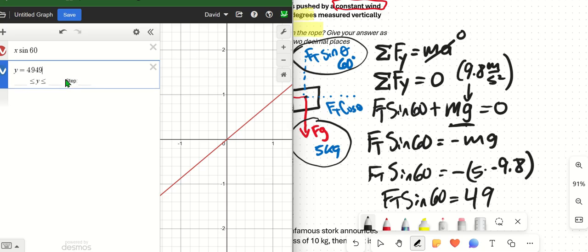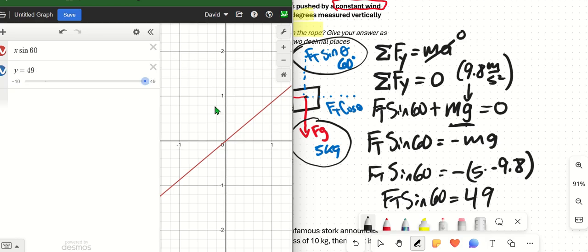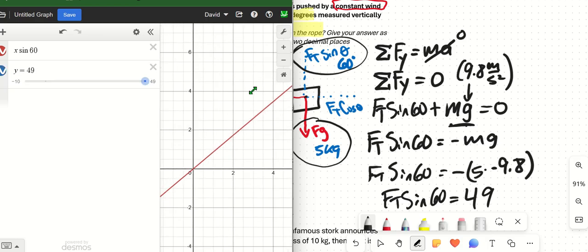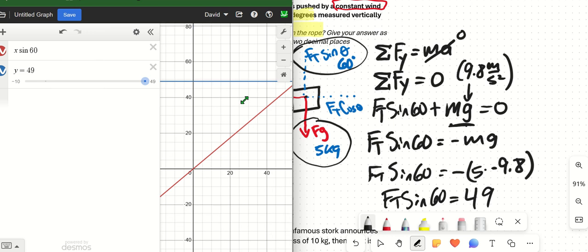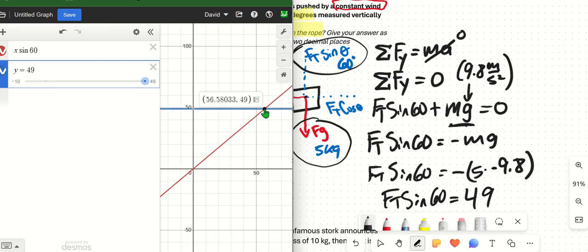And now I'm going to look for where these intersect. So my force multiplied by the sine of 60 intersects at this point right here. What this says is that my y is equal to 49. So my y in this case is the right-hand side of my equation, and that was my weight force.